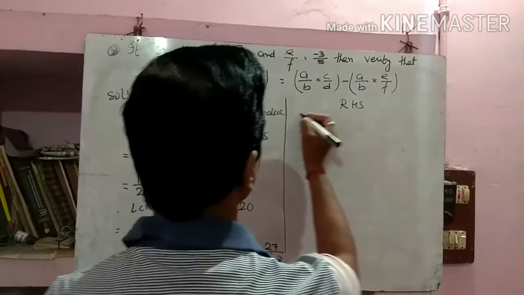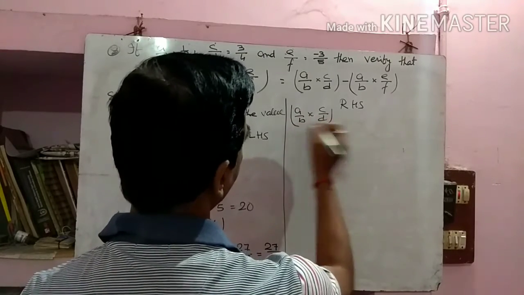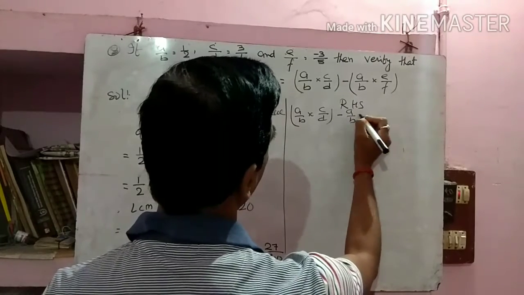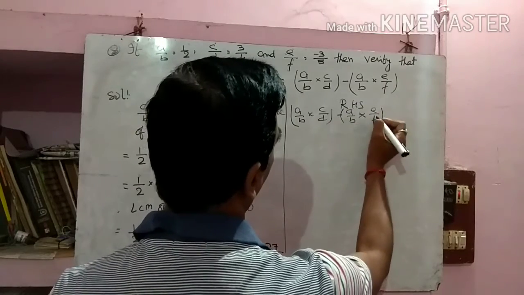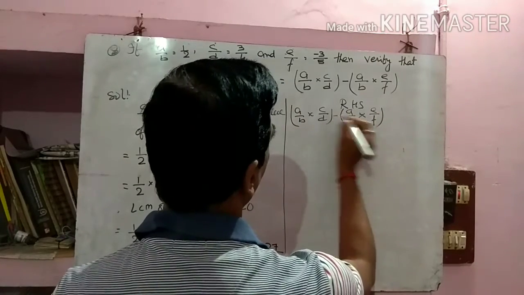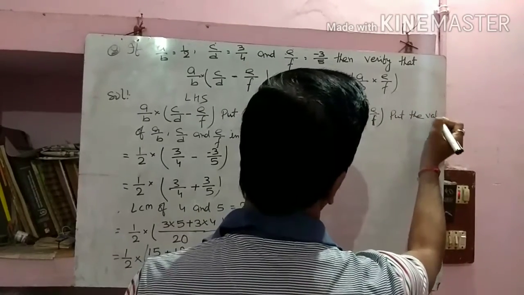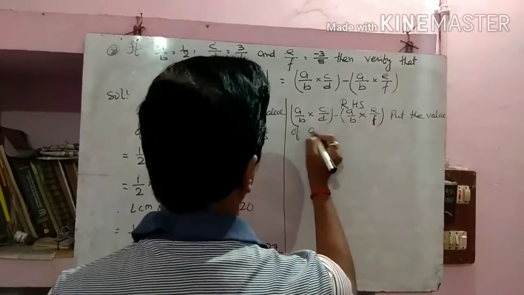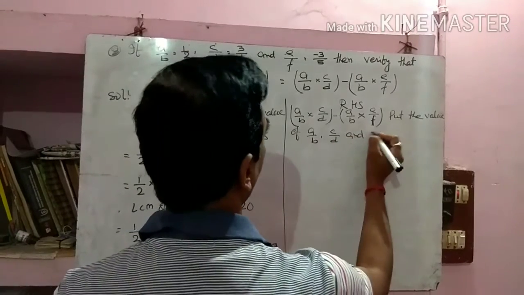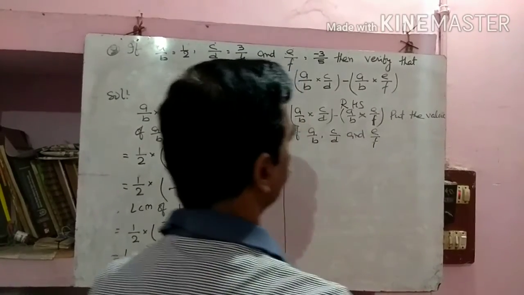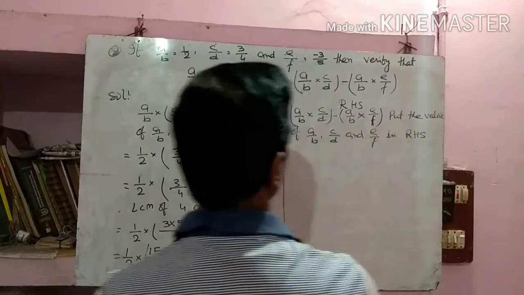Okay, let's see. Just write as given: a/b × c/d − a/b × e/f, and put the values of a/b, c/d and e/f in the RHS.